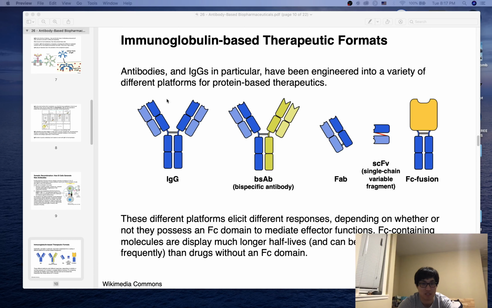If an IgG is recognized by this one alone, then you'll have off-target effects, like side effects. You want it to specifically recognize this to happen at the same time, or both to occur. That's the idea of having this bispecific antibody.